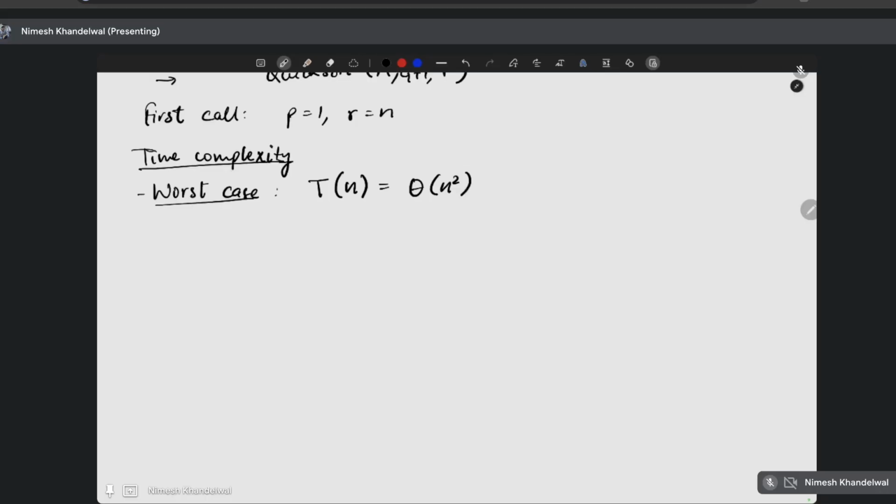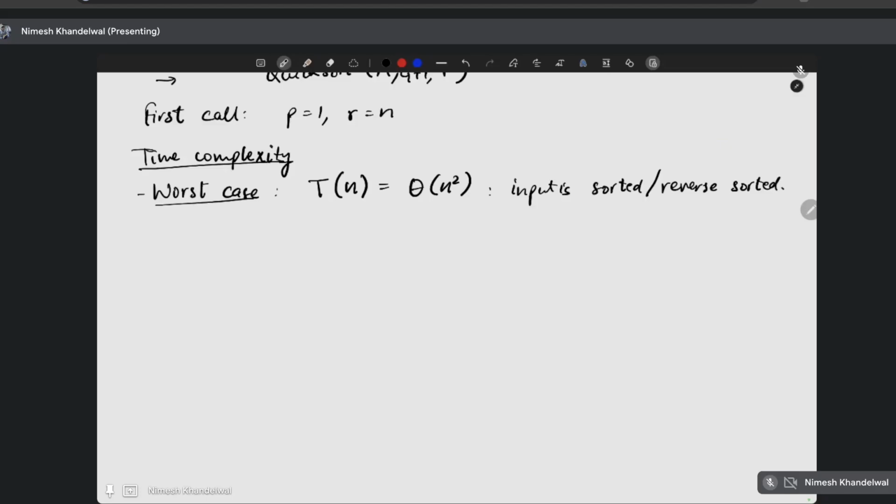And this happens when the input is sorted or reverse sorted, right?